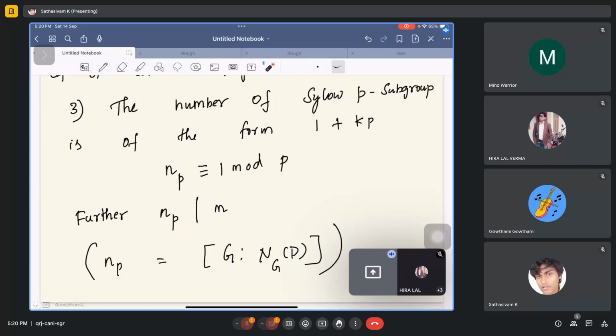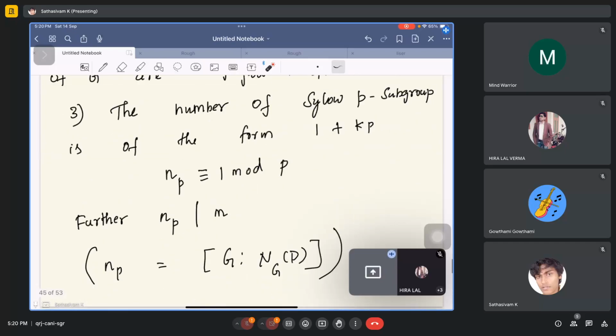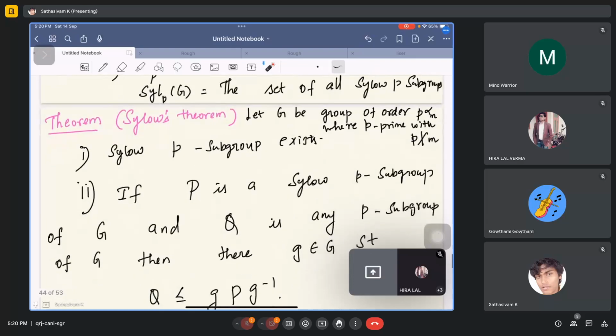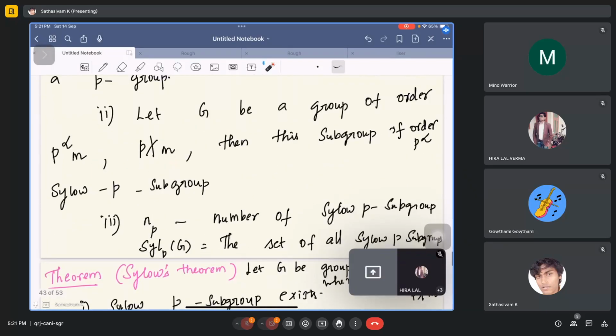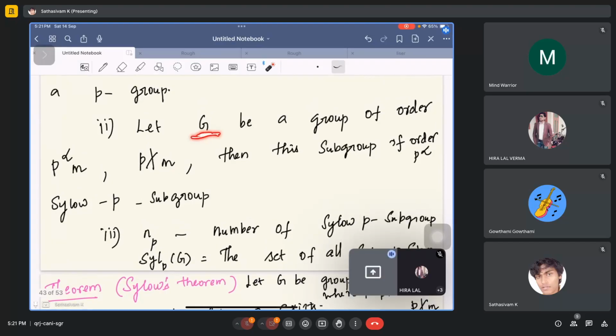So I will just recall the statements again, and then we will move on to the problems. A group of order P to the alpha is called a P group, and if your group has order P to the alpha times M, where P is a prime and P does not divide M, then any subgroup of order P to the alpha is called a Sylow P subgroup.